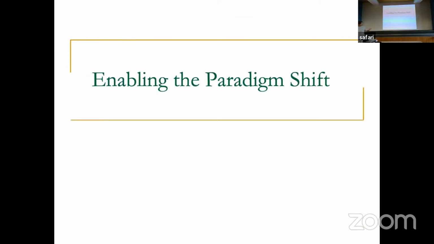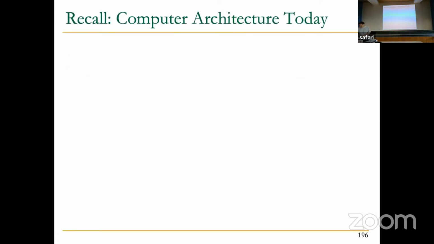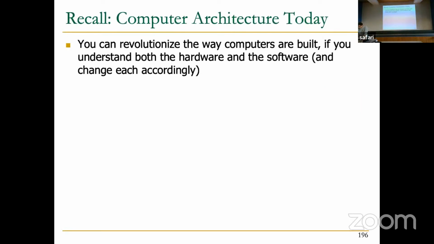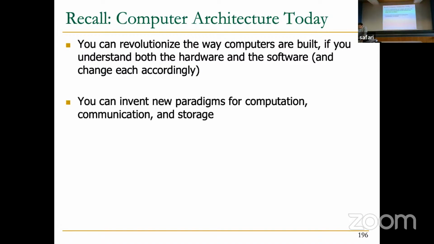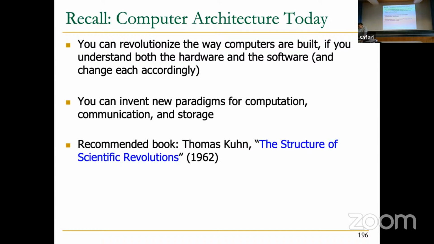So we want to enable this paradigm shift. And recall, in computer architecture today, you can revolutionize the way computers are built if you understand both the hardware and the software and change each accordingly. You can invent new paradigms for computation, communication, and storage. A recommended book here is The Structure of Scientific Revolutions by Thomas Kuhn.